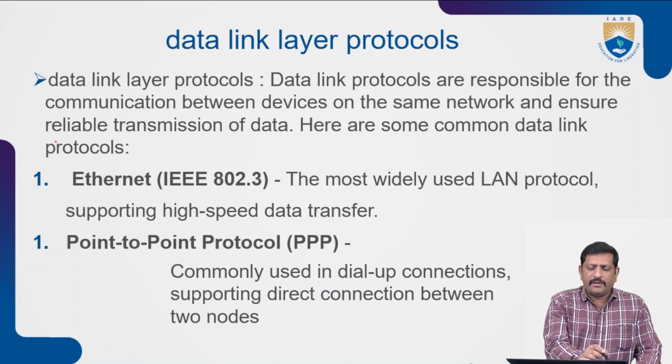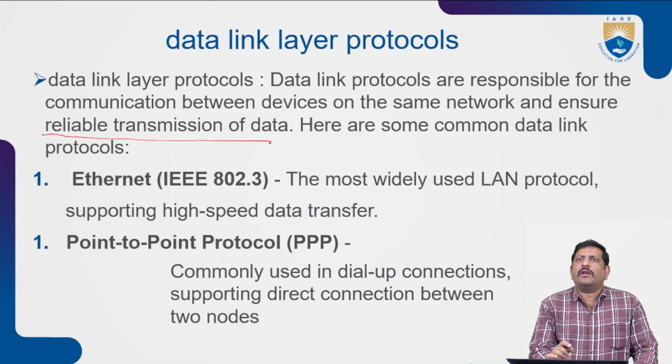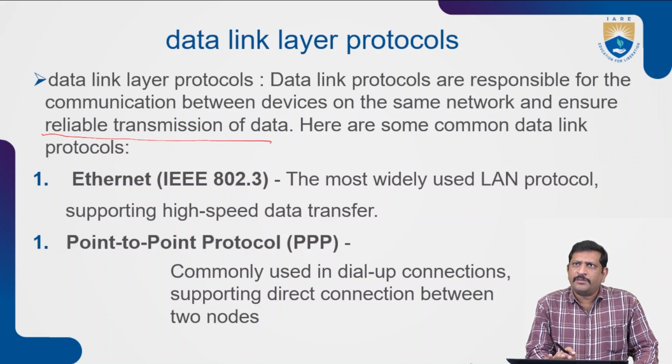That means with the help of this data link protocol, effective data transmission and reliable communication can be done. Reliable communication means the data can be transferred without error to the identified destination.